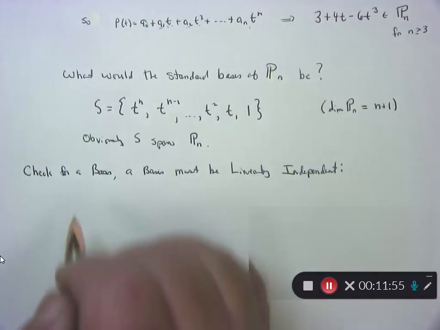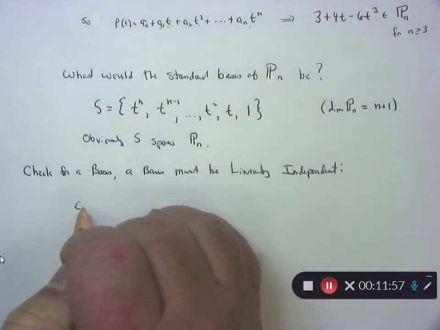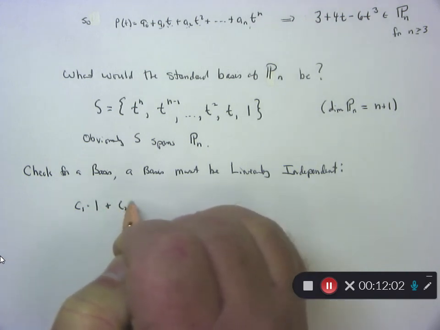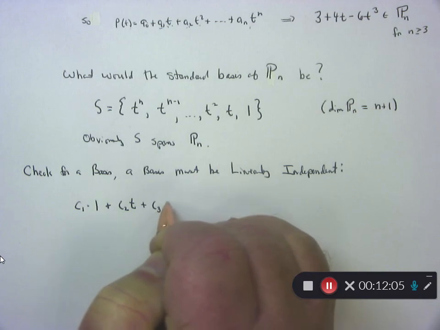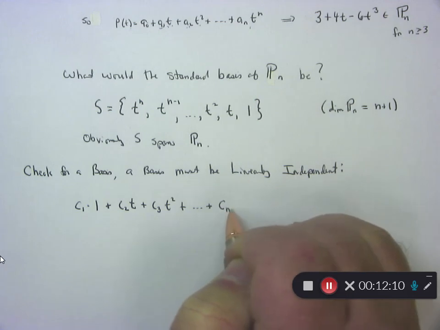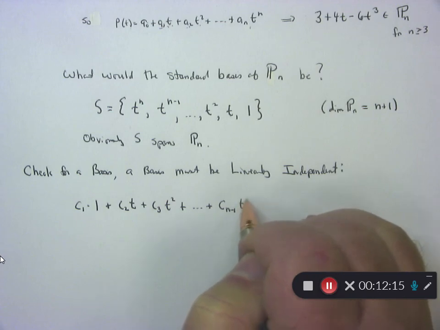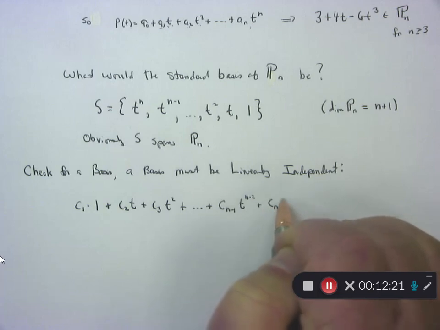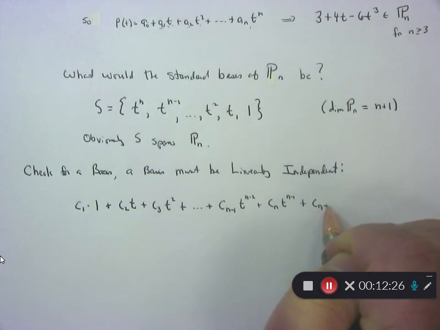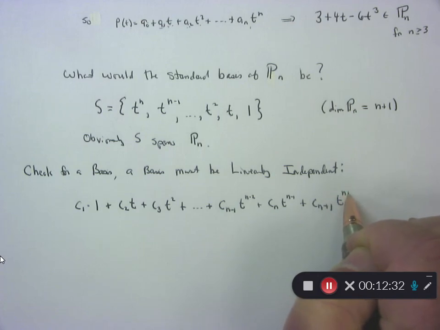So here we go. I'm checking for S here. I'm going to take C1 times 1 plus C2 times t plus C3 times t squared, and so on, plus C(n-1) times t to the n minus 2 plus Cn times t to the n minus 1 plus C(n+1), because there are n plus 1 vectors here, times t to the n plus 1.